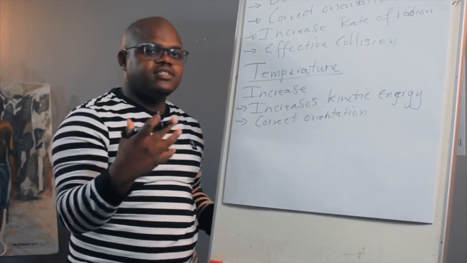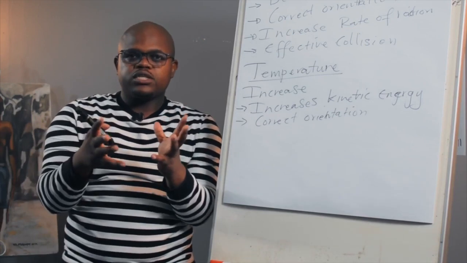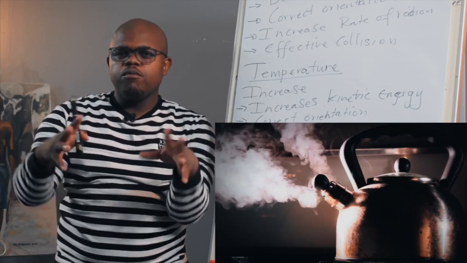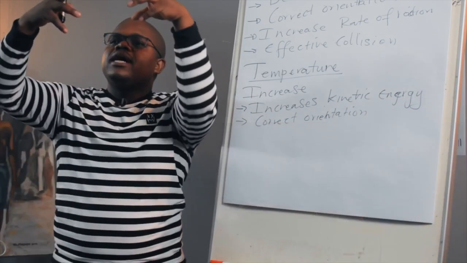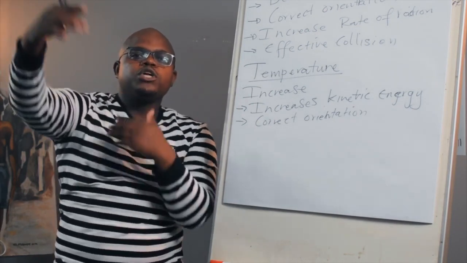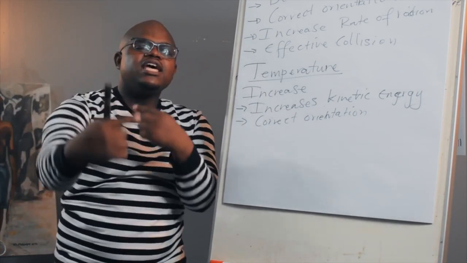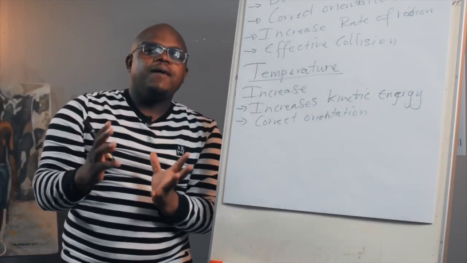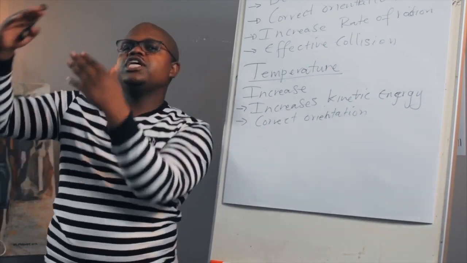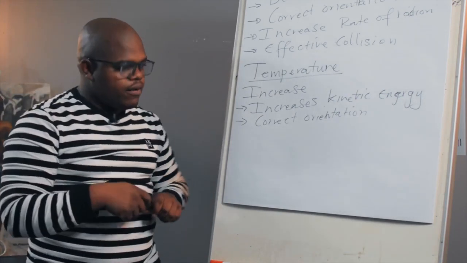If there's a correct orientation, why, if you close a pot of water and you boil it up, they will change their form from liquid to gas, but they will have no air to escape, so they will change their phase again to be liquid. That means there is a correct orientation, but this correct orientation changes the form to be a gas, and if it changes the form to be a gas, it changes back to be a liquid. Okay, now let's continue.